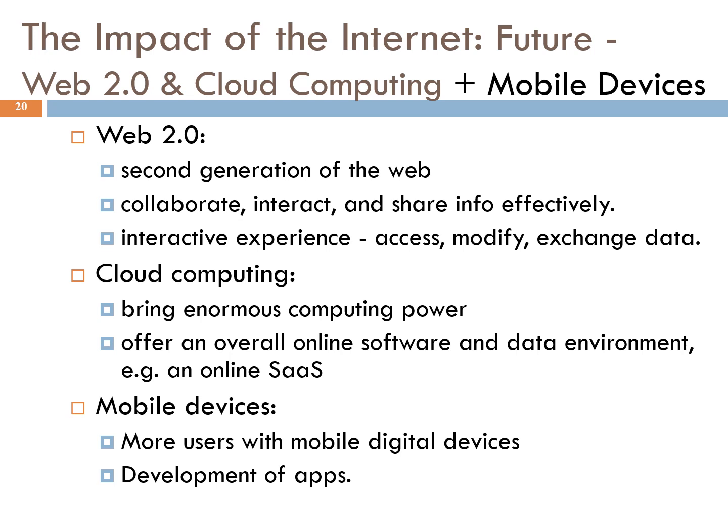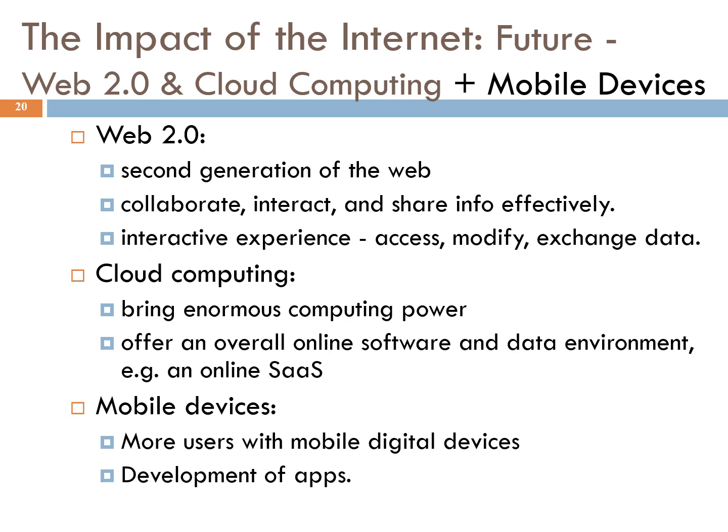Okay, we look at the next subtopic here, the impact of the internet, the future, whereby we have three components here: Web 2.0, cloud computing, and also mobile devices. I put plus mobile devices because the original content of this PowerPoint does not include mobile devices, but it is included in the text reference.